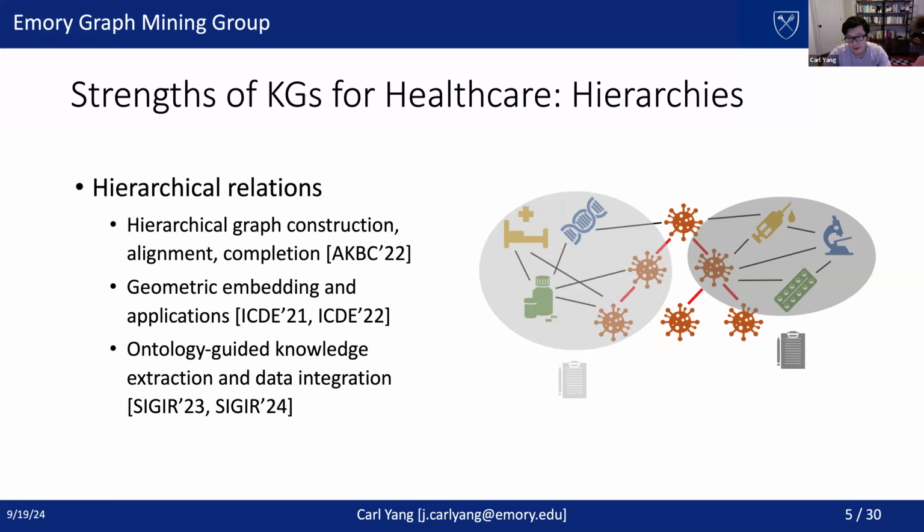Another thing we look at is the hierarchy in knowledge graphs, especially in the healthcare scenario. For example, in the middle, we can see a hierarchy of diseases. When we work with clinicians and extract some diseases from an EHR report or from clinical notes, can we really know which disease these new entities correspond to in an existing knowledge graph? We can then also get the relations and the other relevant entities.